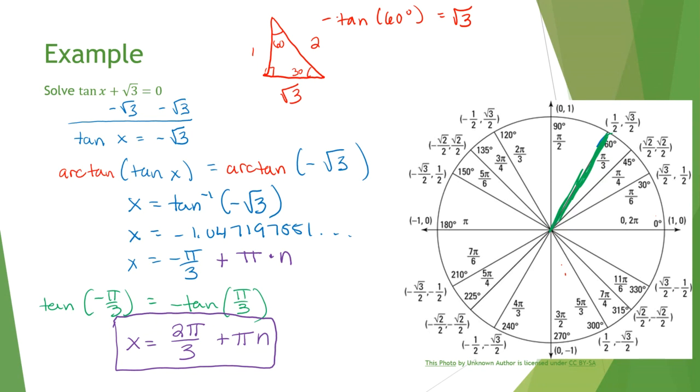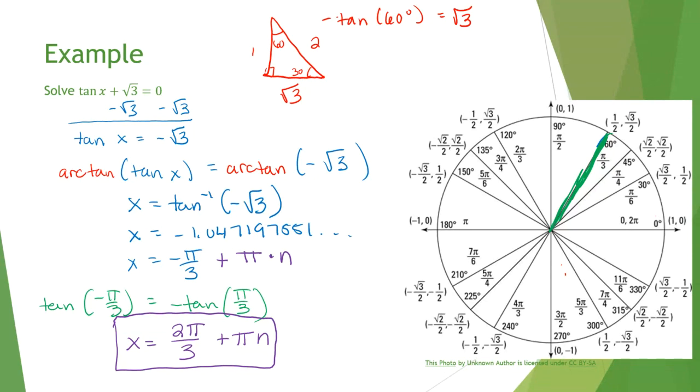So if you did not know what the angle was, did not know it was 60 degrees, you could say, okay, at what angle is the opposite over adjacent equal to square root of 3? And that would be the 60-degree angle.